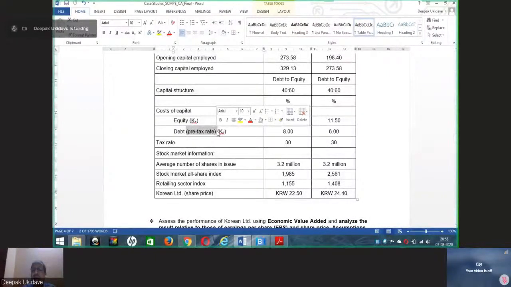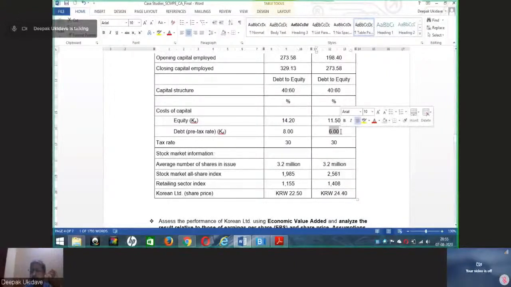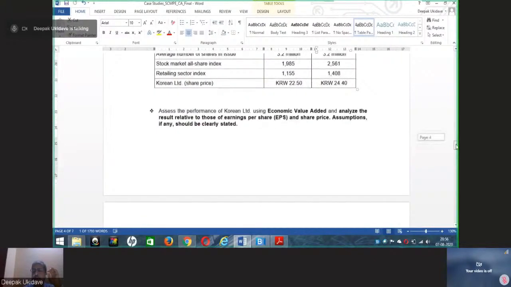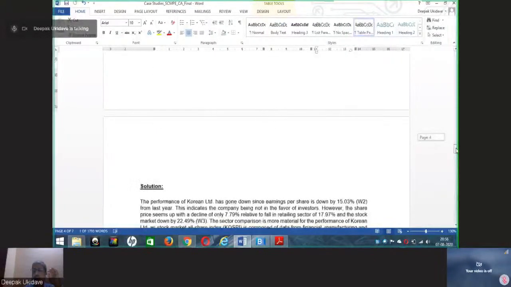That means 8% into 1 minus t. Tax rate is 30%, so 8 into 70%, 8 sevens are 56, 5.60%. KD post-tax is 5.60%. All of you get this. And 6% last year, so 6% multiplied by 70%, again 1 minus t, so 4.2%. So 8 sevens are 56, 5.60, and here 6 sevens are 42, 4.20. So that is how we have calculated KD post-tax. You can see this.